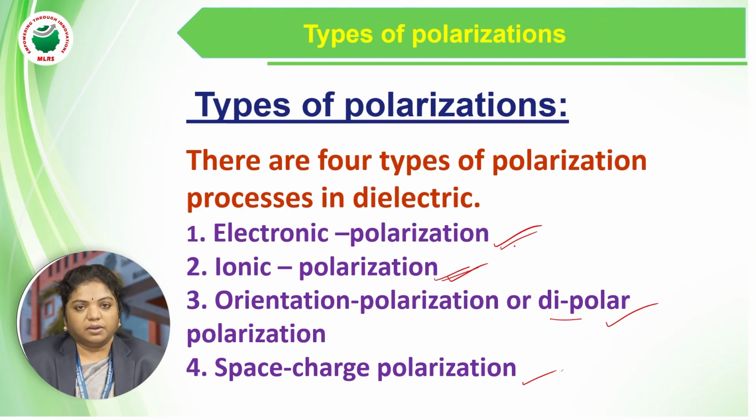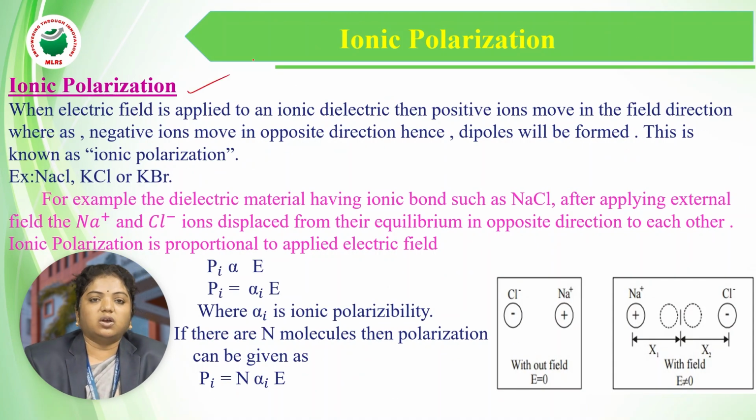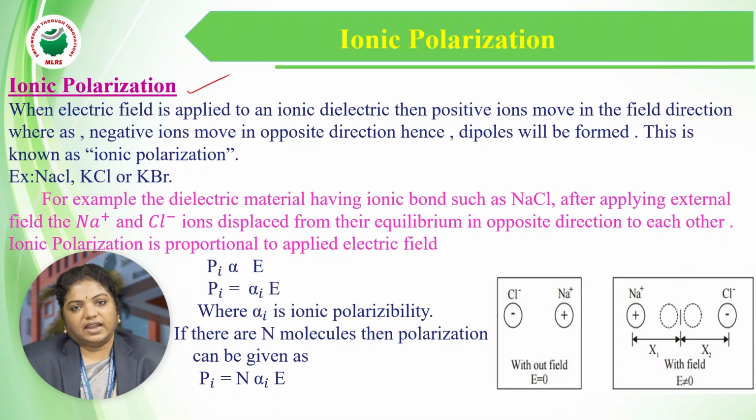Dielectric materials in the form of molecules. How do we observe polarization in this type of dielectric material? In ionic polarization, polarization occurs only in the presence of an electric field.